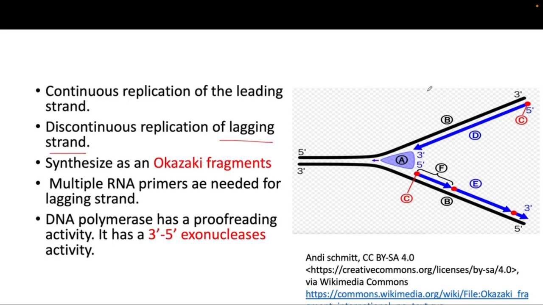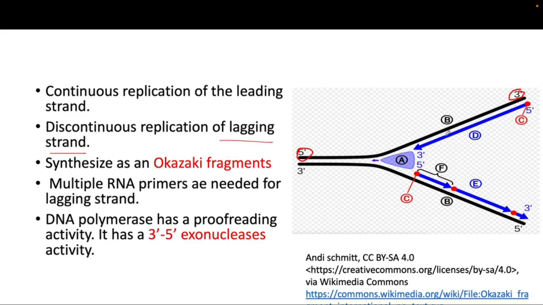Just think about it. As I mentioned before, DNA polymerase reads the parental strand, the template strand, from 3 prime to 5 prime. So this is the 3 prime here and this is the 5 prime here. Once the primer is added by the primase, it reads from 3 prime to 5 prime, and as the helicase is opening up the DNA, the DNA polymerase is continuously adding base pairs.